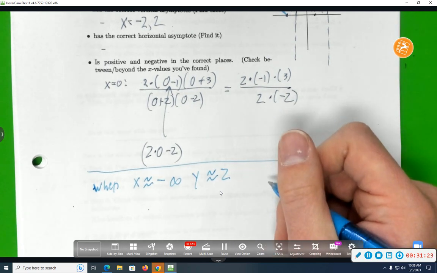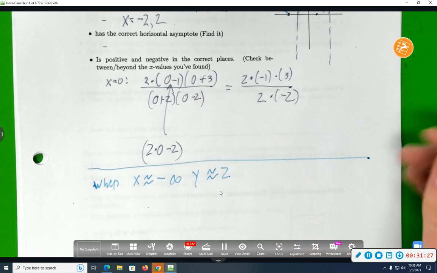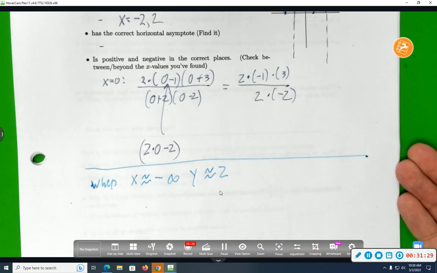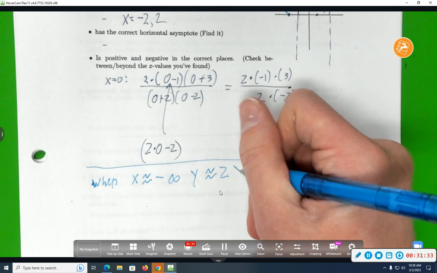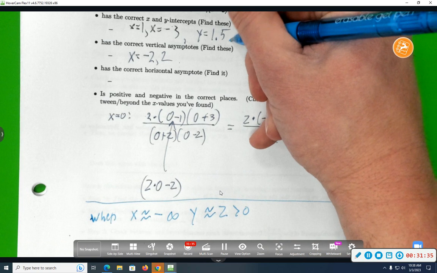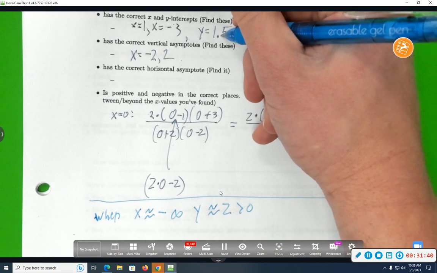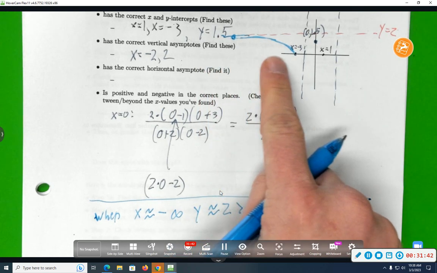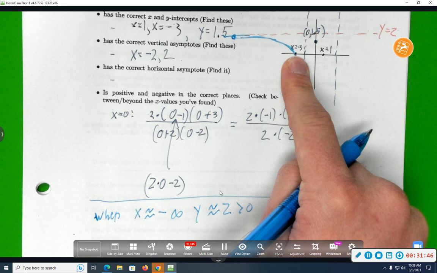Is a number that's close to 2 going to be positive or negative? Positive. It'll be like 1.999999999, which is positive. So it has to be positive when x is really, really big and really, really negative. And there's no x-intercepts until x equals -3. That's the first chance it has to change to negative.